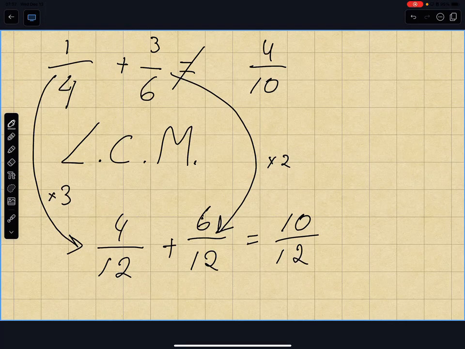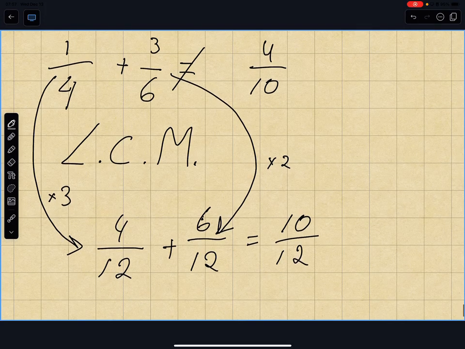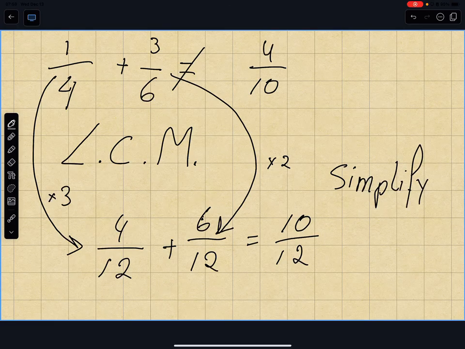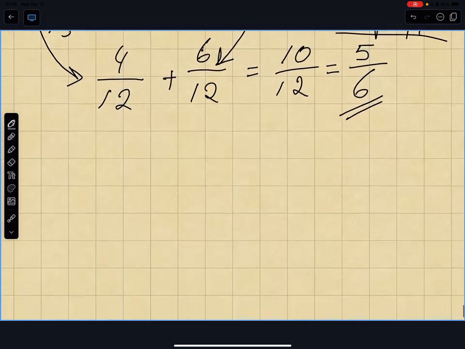And our favorite word is simplify. What is simplify? To make shorter, because I can still divide it by 2. So it becomes 5/6. Simplify.